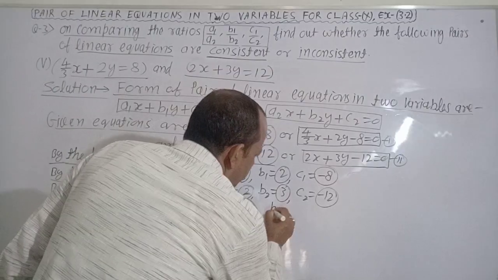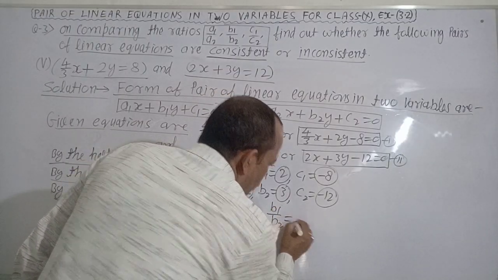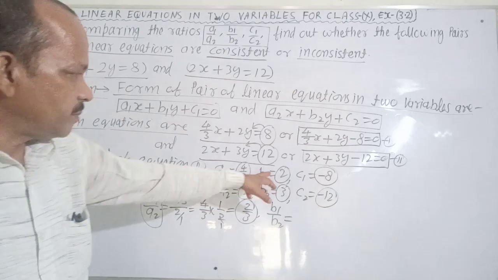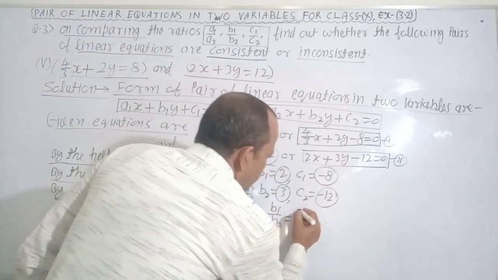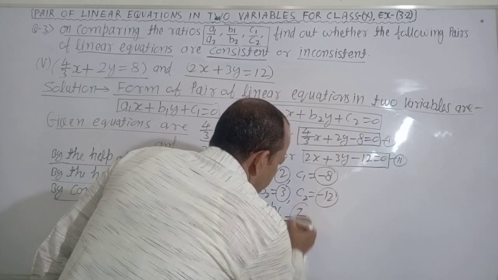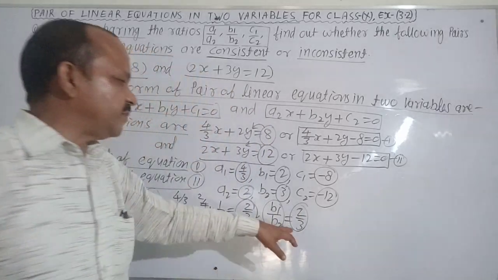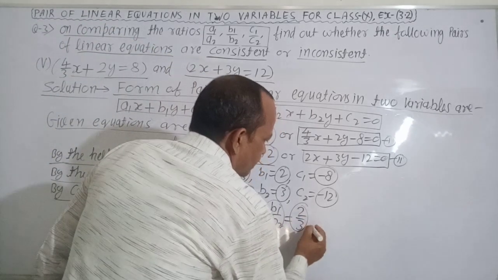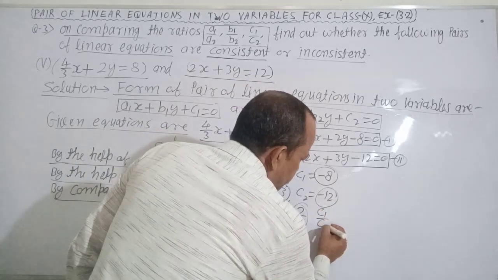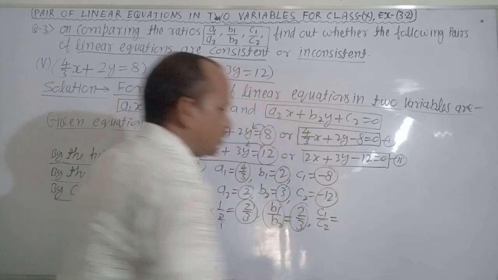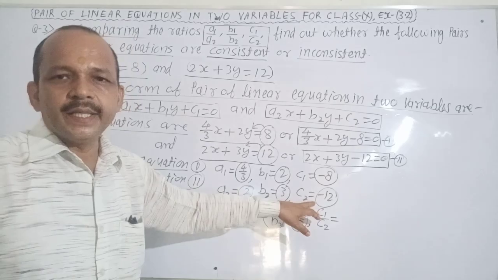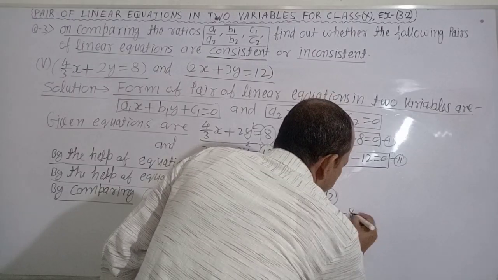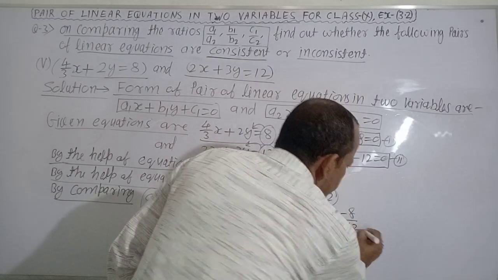Now b1 by b2 equal to, here b1 is 2 and here b2 is 3, equal to 2 by 3. You find the value of b1 by b2 equal to 2 by 3. c1 by c2 equal to minus 8 upon minus 12.